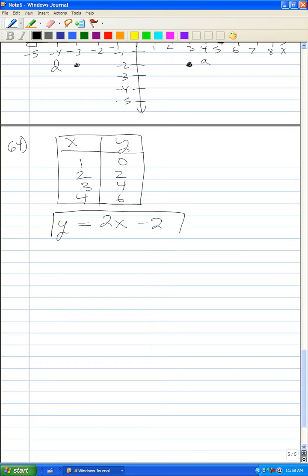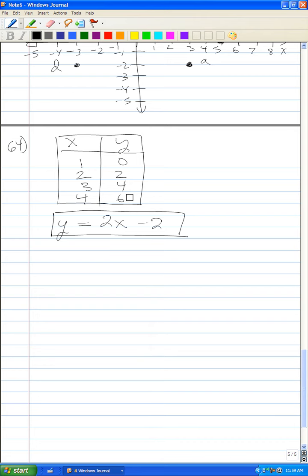And that is the relationship between x and y. 2 times 1 is 2, minus 2 is 0. 2 times 2 is 4, minus 2 is 2. 2 times 3 is 6, minus 2 is 4. 2 times 4 is 8, minus 2 is 6. And so that is the relationship between x and y.